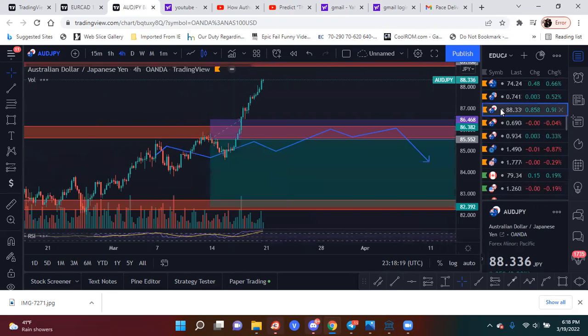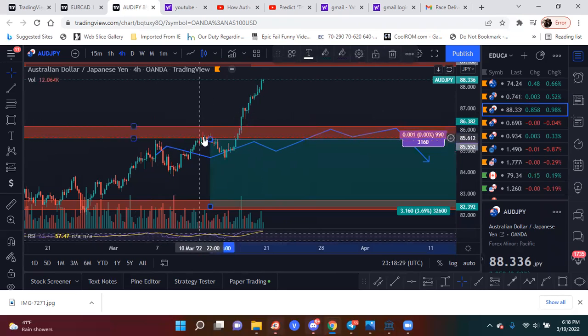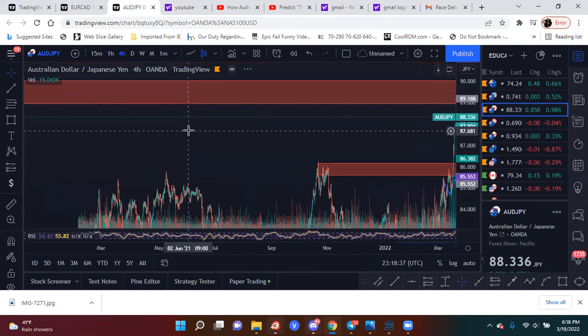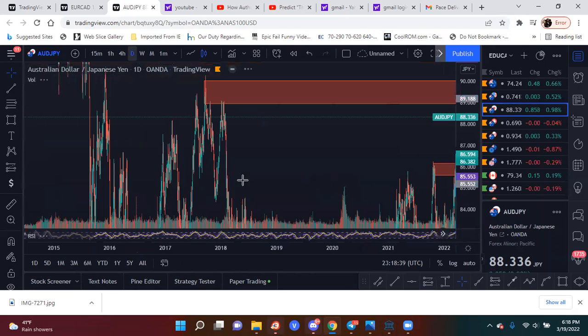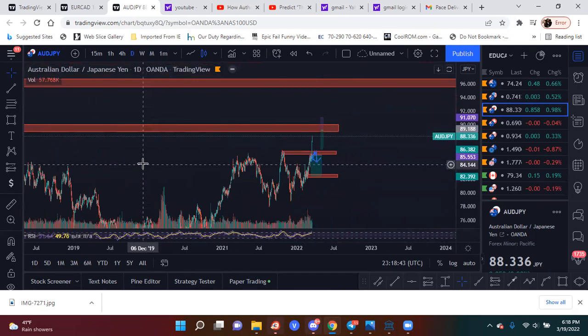There's some notable ones like this one. See how you would have got in and you would have been in profit. And then I closed half and put it at break even, but it came and hit my break even because obviously it wants to come and touch a higher supply. And that's some of the issues that you might have with supply and demand.